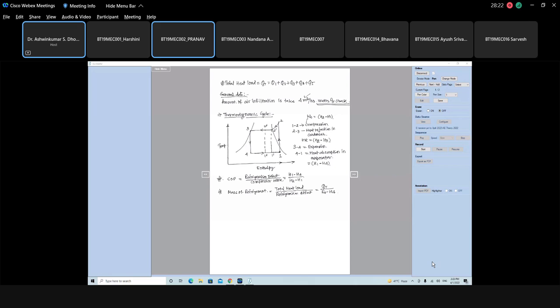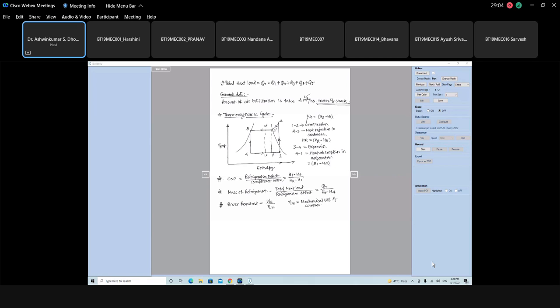Okay. Then the piston displacement of compressor, that we don't know. Then the last one is power required. Power required will be compressor work divided by mechanical efficiency of compressor, where eta is the mechanical efficiency of compressor.